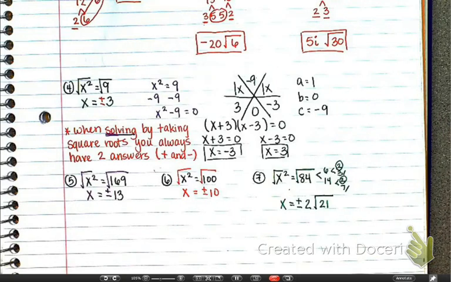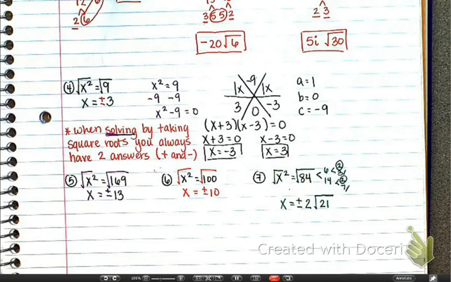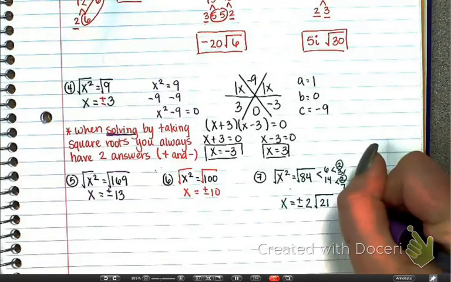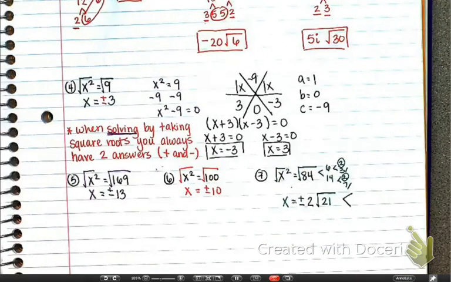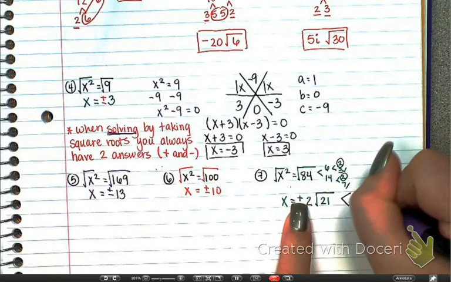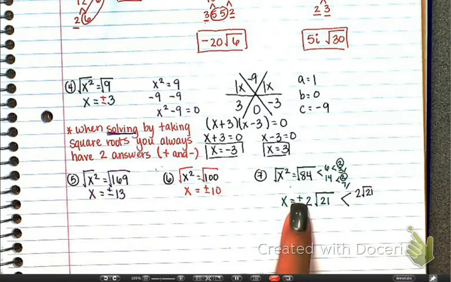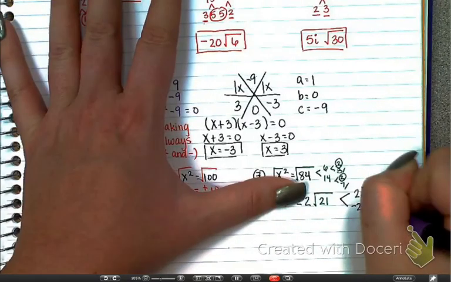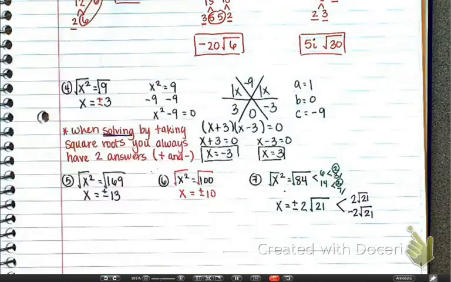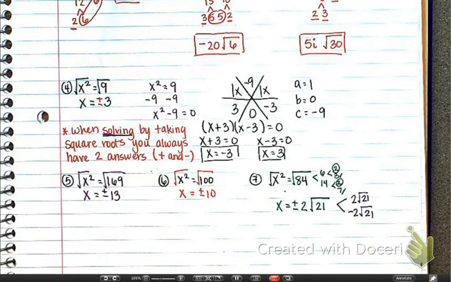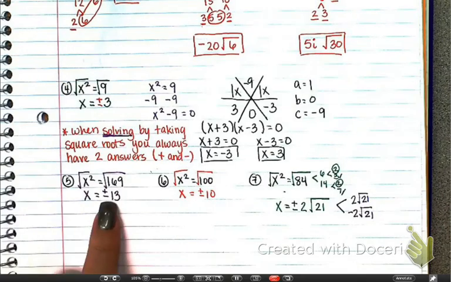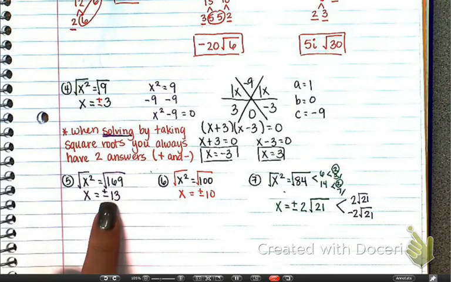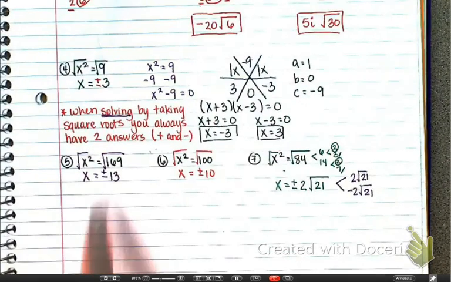If you were to write these as 2 separate answers, it would literally be 2 square root of 21. That's the positive answer. And then negative 2 square root of 21. So if you were to break them apart and write them separately, that's how you're going to write it. Same thing here. I would write positive 13, and I would write a negative 13. Okay.